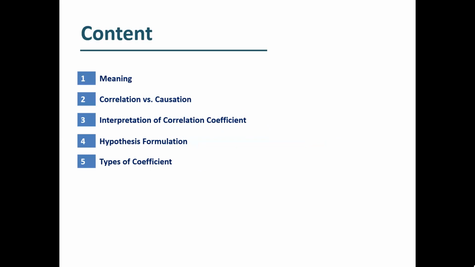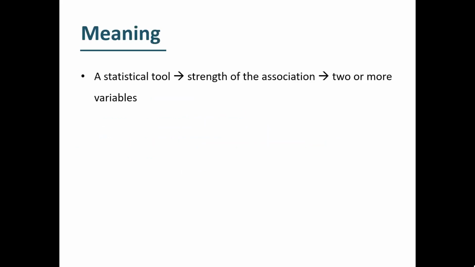There are various methods to find the association between two or more variables. Correlation is a statistical tool to find the strength of the association between two or more variables.